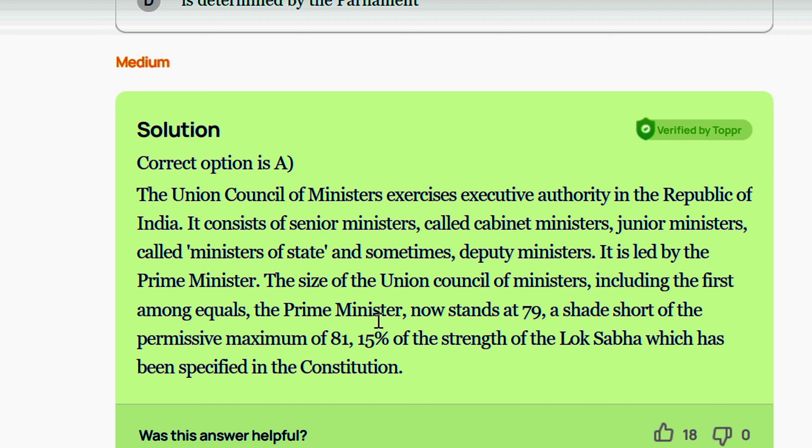The size of the Union Council of Ministers, including the first among equals, the Prime Minister, now stands at 79. The permissive maximum is 81, which is 15% of the strength of the Lok Sabha, as specified in the Constitution.